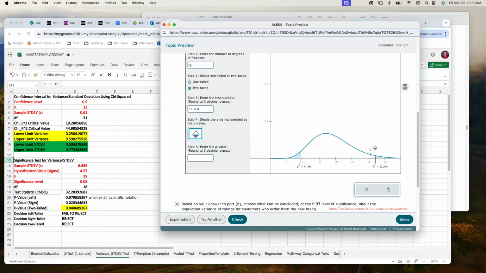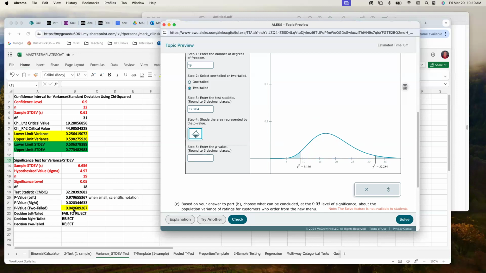I know they don't look that way, but remember this one tails off forever. And so these two areas are going to be equal. When we add those areas up, the spreadsheet does that for us for the two-tailed test. They add up to be 0.040.